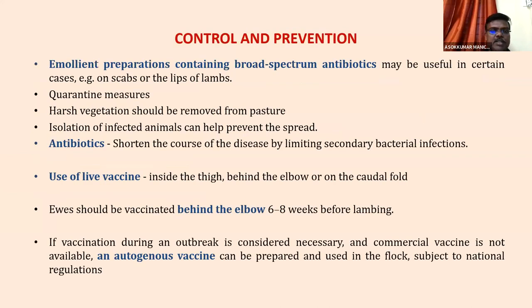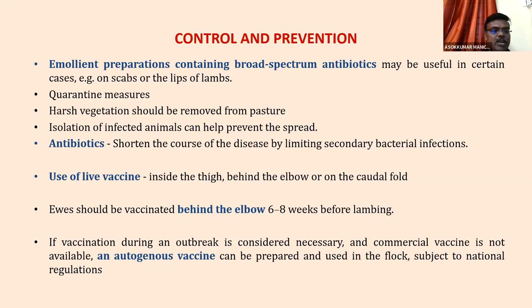Control and prevention. First, we have to think of applying emollient preparations containing broad spectrum antibiotics. In certain cases, especially with scabs on the lips of lambs, then quarantine measures. Since the scab has the potential to spread the virus very quickly to other stock, it is better to isolate.